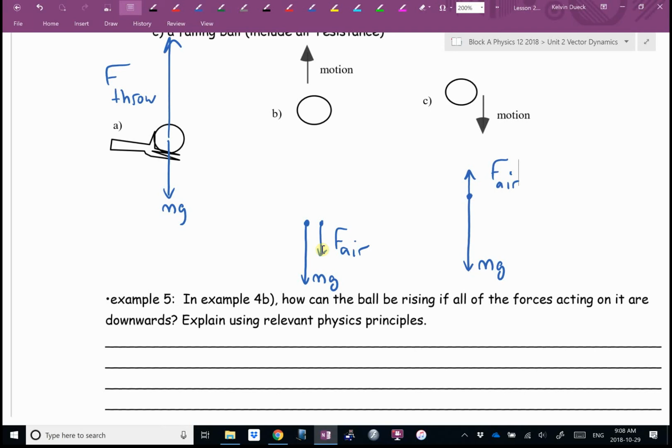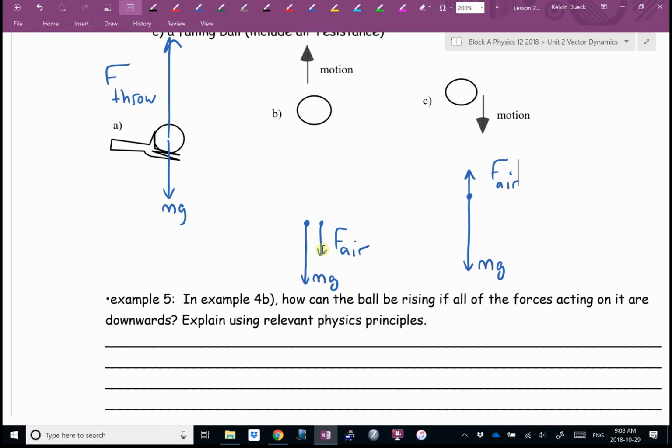What does the net force tell us about acceleration? If the net force is up, which way is it accelerating? That's Newton's first. If the net force is left, which way is it accelerating? If the net force is right, which way is it accelerating? If the net force is down, which way is it accelerating?